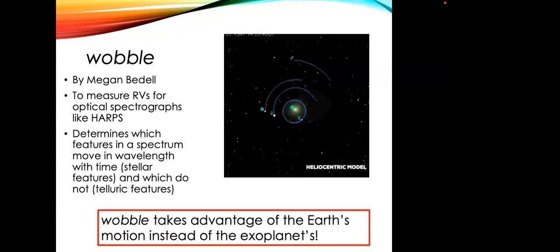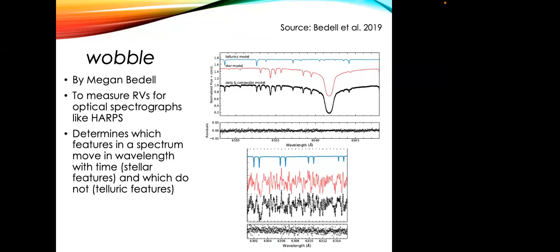Basically, Wobble takes advantage of the fact that the barycentric velocity moves the stellar lines in Doppler space, but the telluric lines don't move. So you can determine what's a telluric line and what's a stellar line. It works really, really well for optical data with these fairly weak tellurics, even if that data is fairly noisy.